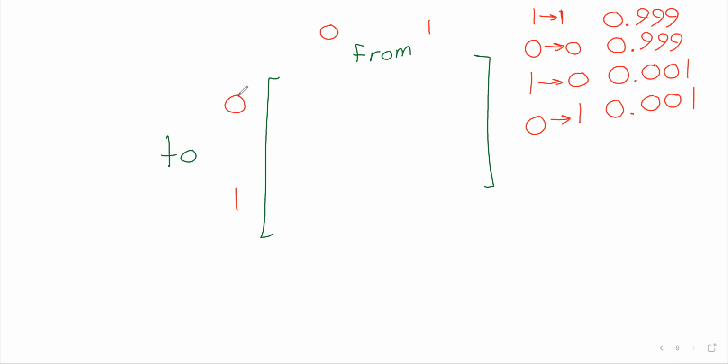So I'll let the first row represent state 0, the second row represents state 1.